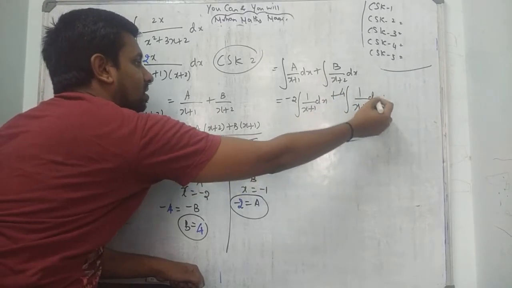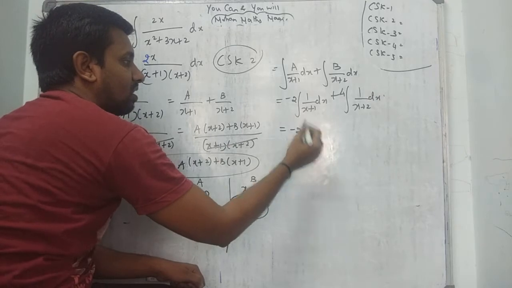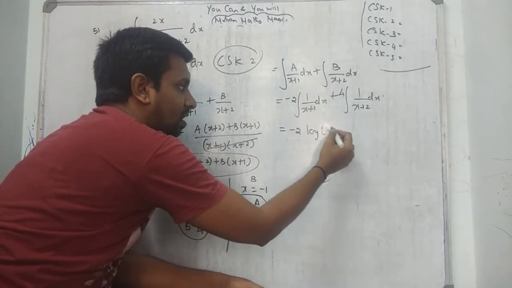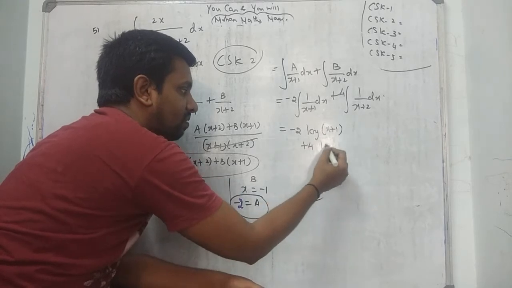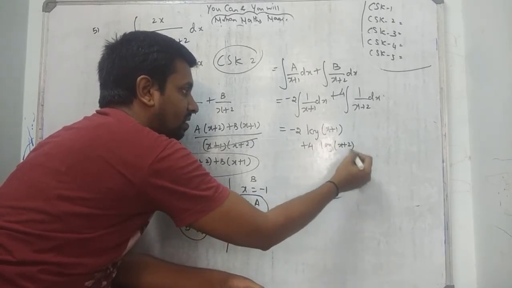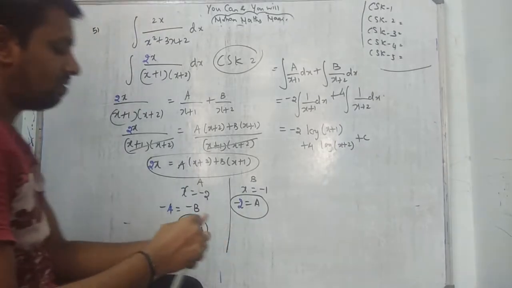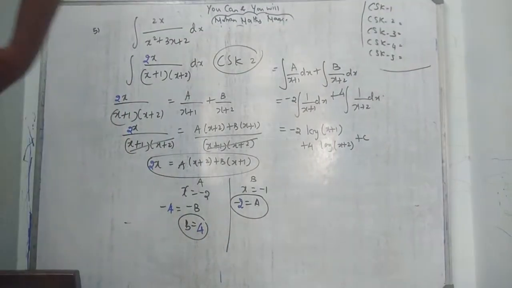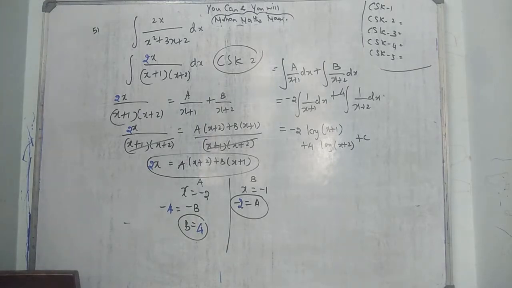So finally, differentiating the denominator gives the numerator, so minus 2 log of denominator plus 4 log of denominator plus c. So question number 5 is completed. Now from question number 6 onwards you have to be very careful. Question number 6.